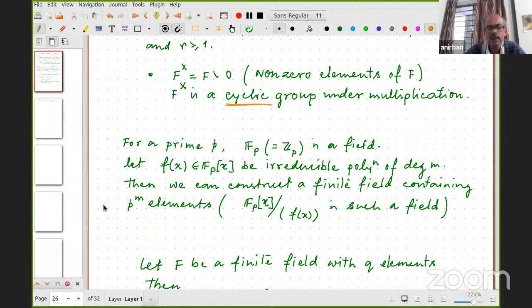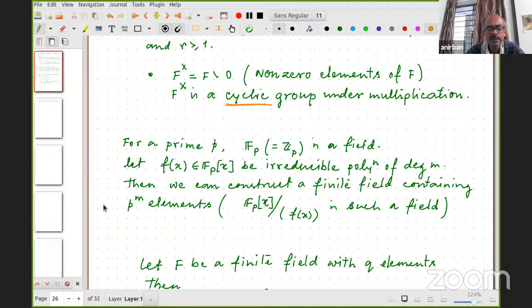Here again, we have not yet shown the existence of an irreducible polynomial of a given degree. But what we are saying is that if we have an irreducible polynomial of degree m, we can construct a finite field containing p to the m elements.